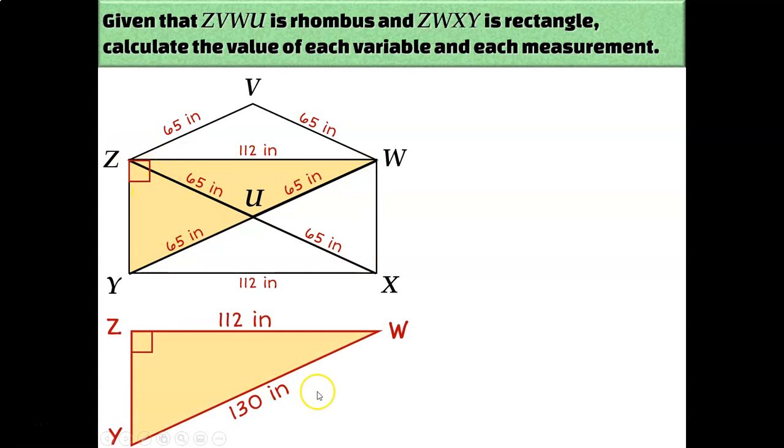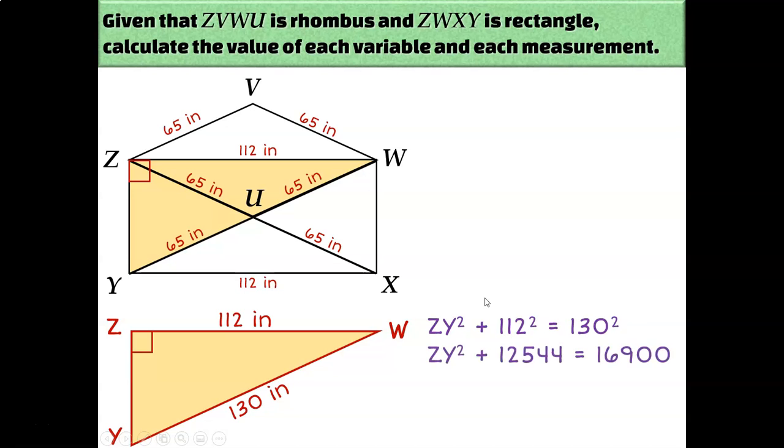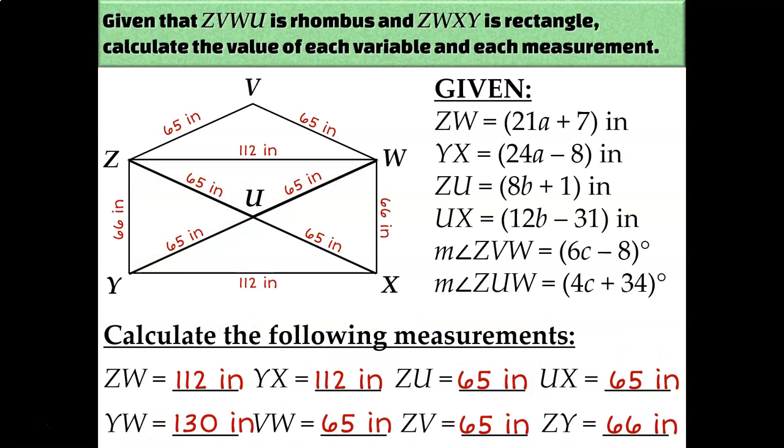So this is a right triangle. So I just redrew the right triangle part of my diagram separately so I can focus on the important information. I know that ZW is 112 and YW is 130. So I can use the Pythagorean theorem to figure out the length of ZY. So solve that out and we find out that ZY must be 66 inches.